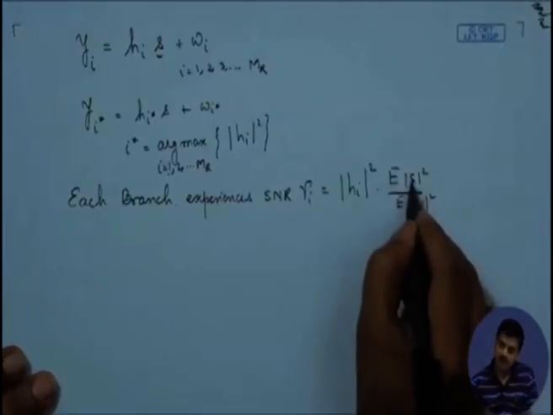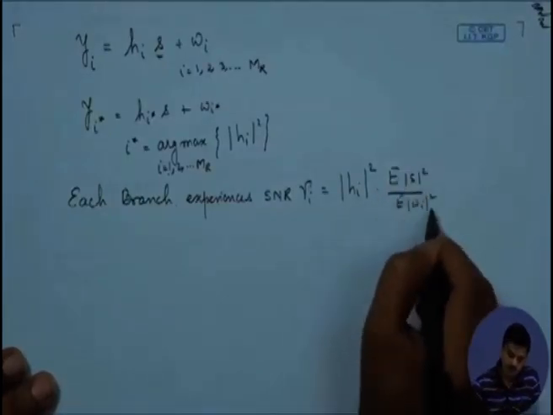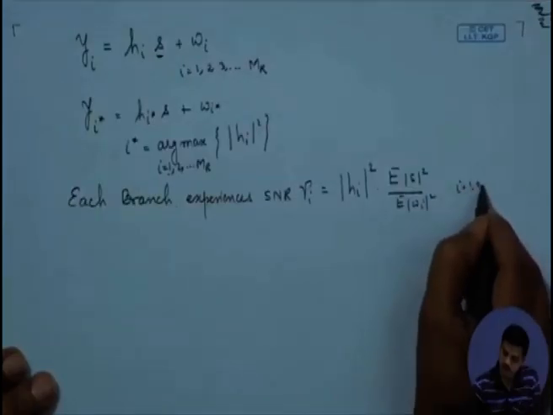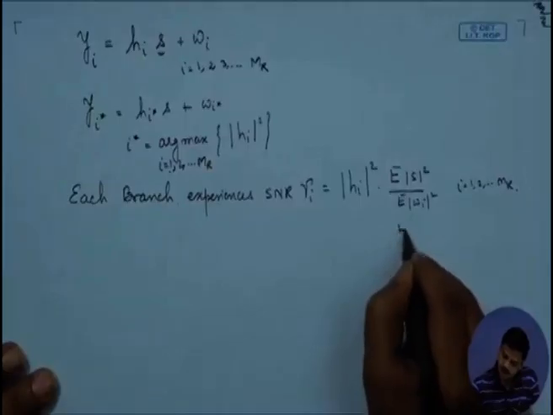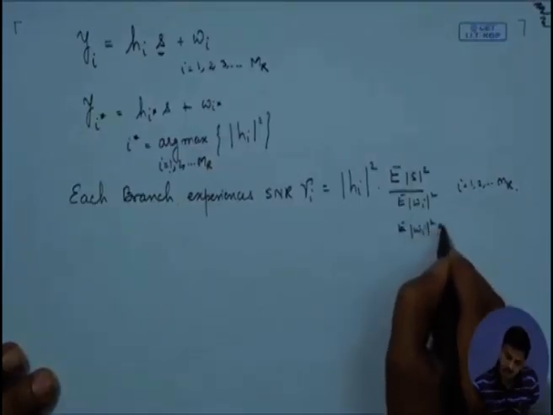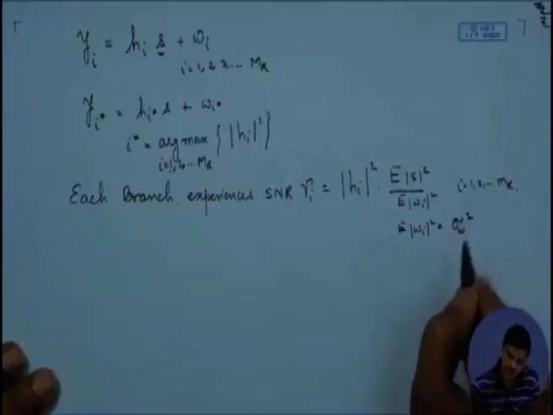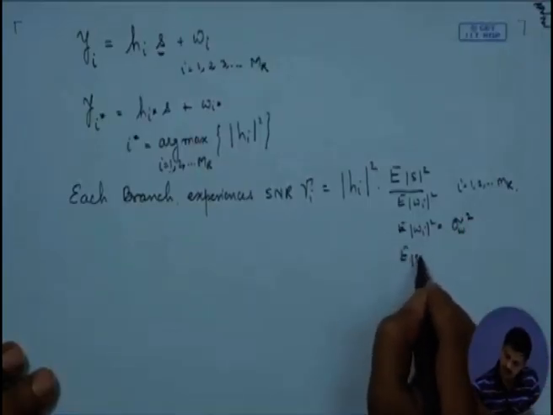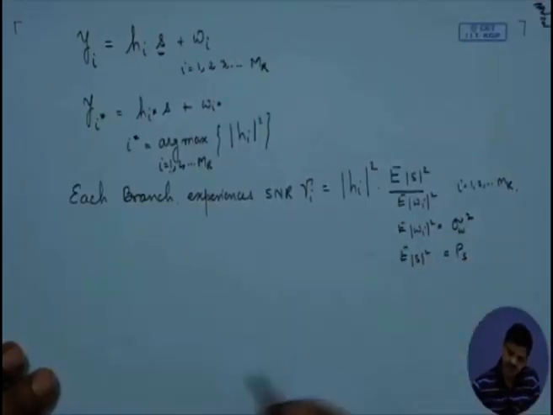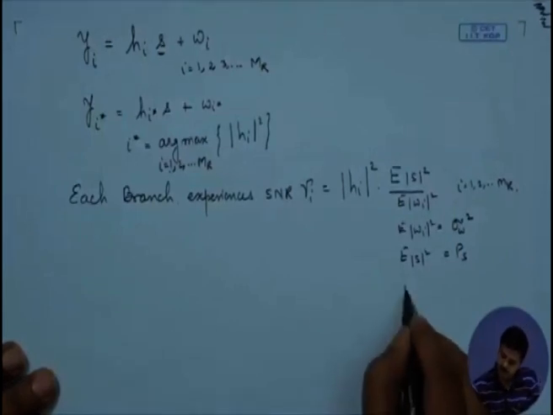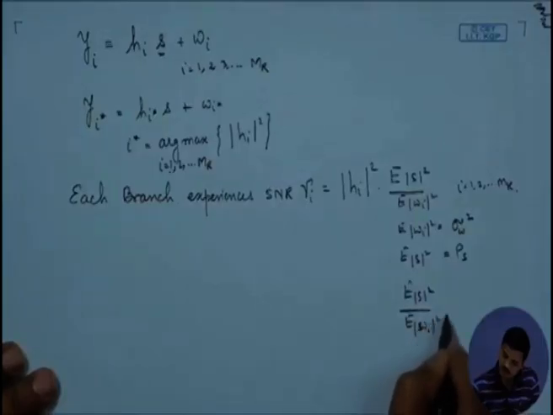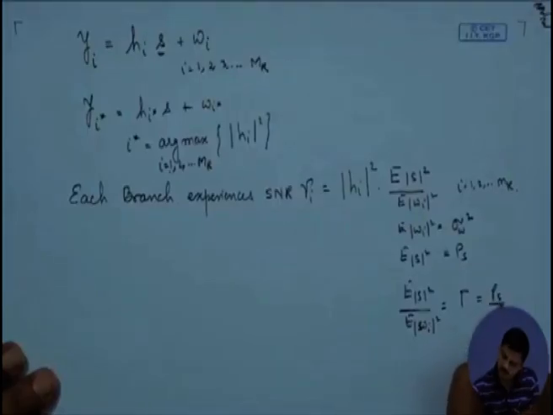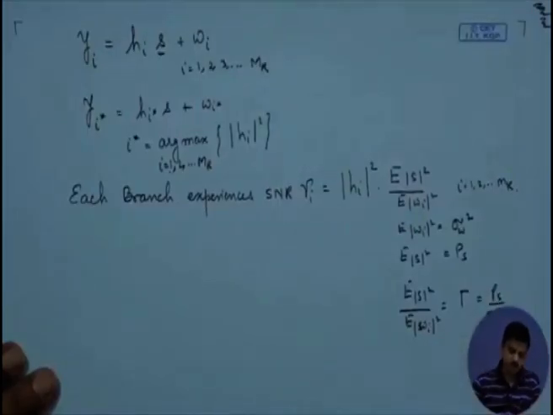E of s squared is the signal power, E of w_i squared is the noise power, and i equals 1, 2 up to M_r. E of w_i squared would be equal to sigma_w squared, and E of s squared would be equal to P_s. This is the convention that we use, and E of s squared over E of w_i squared would be represented as gamma, which would be P_s by sigma_w squared.